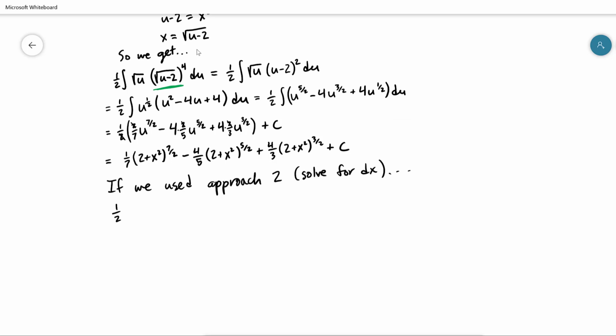It was the integral of square root of 2 plus x squared times x to the 5th dx.